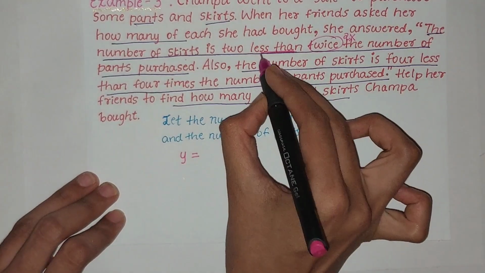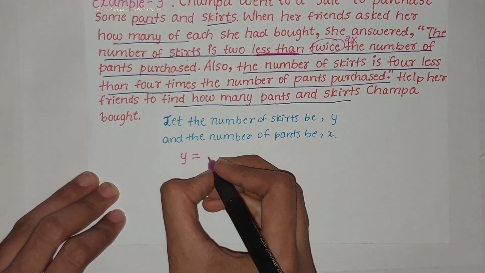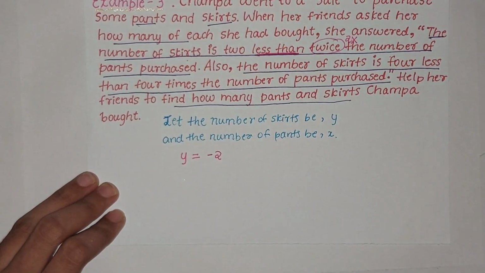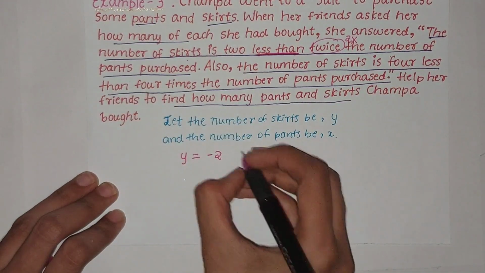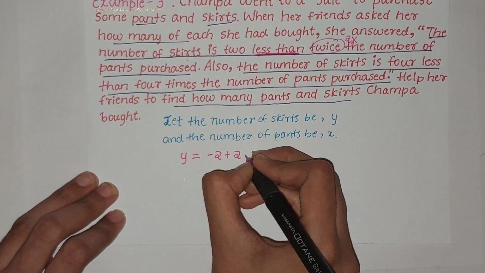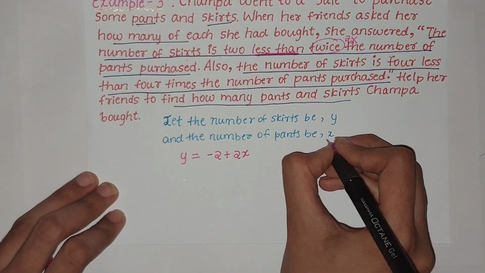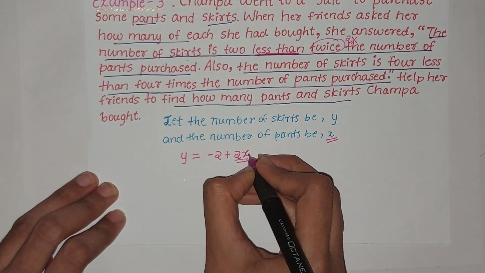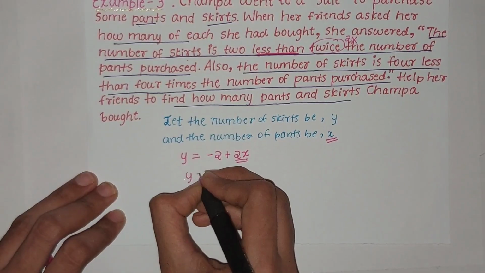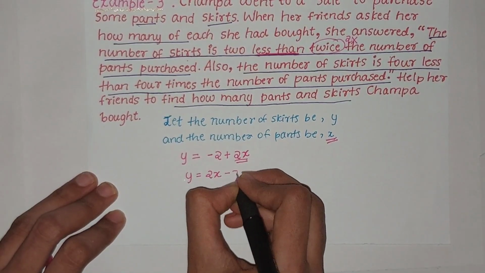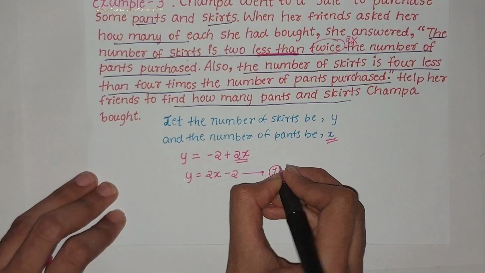Now, less than, so I will write here minus 2, and twice the number of pants purchased. Twice the number of pants means 2x. Understanding? So if I rearrange it, y is equal to 2x minus 2 is my first equation.